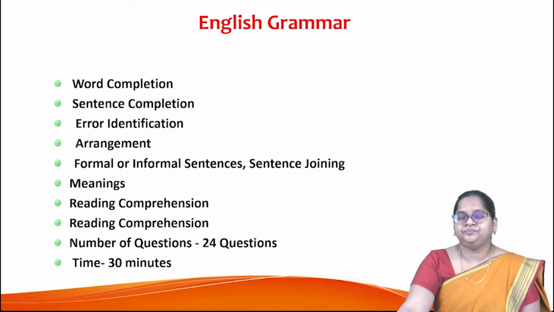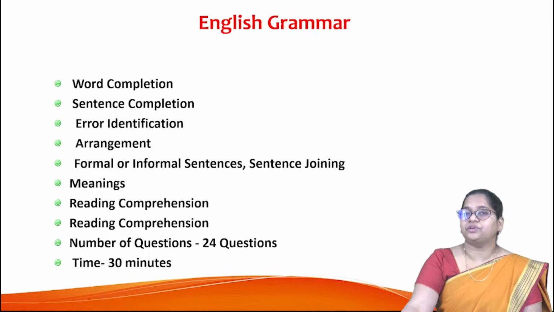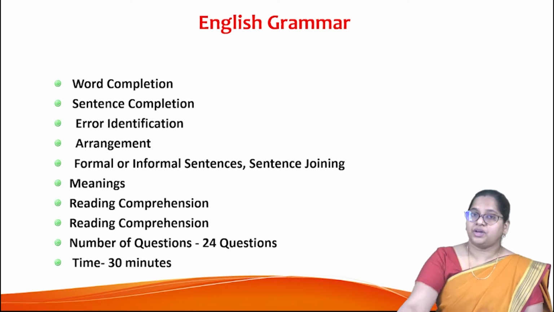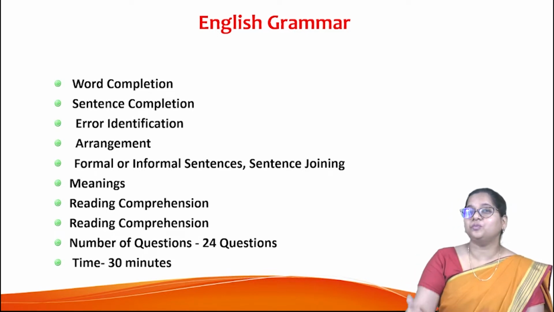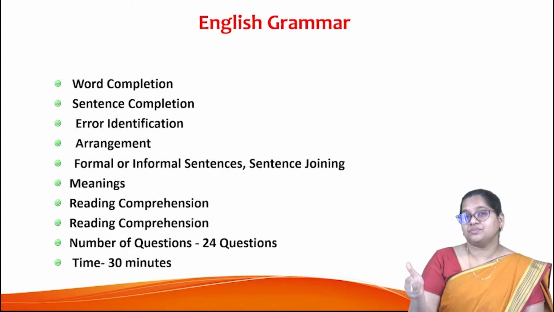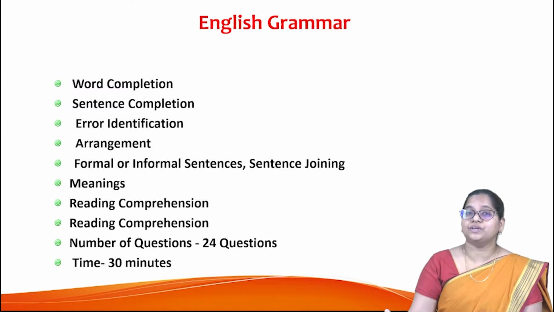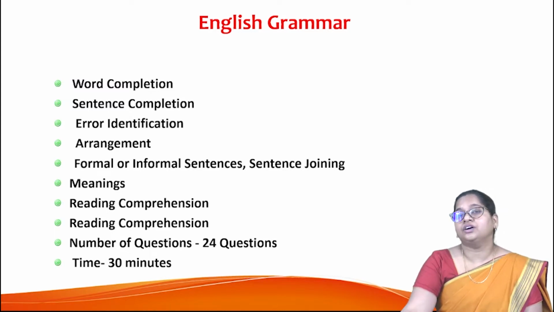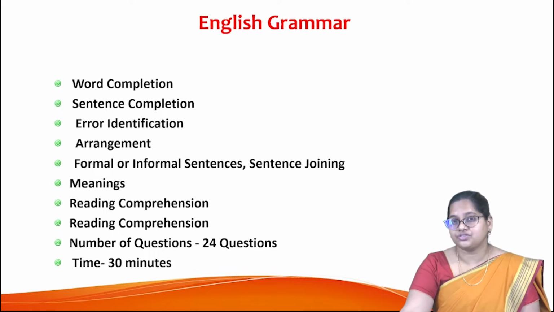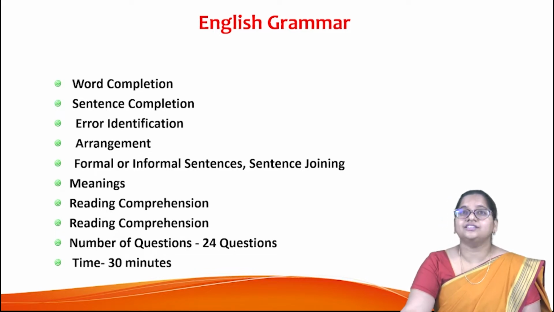So you are correcting the sentence and writing the right, appropriate answer. Sometimes in word completion, you have to complete the sentence with words, and sometimes with the right construction, in a sequence, in a right, organized, structural way.